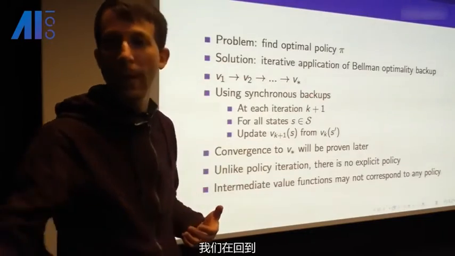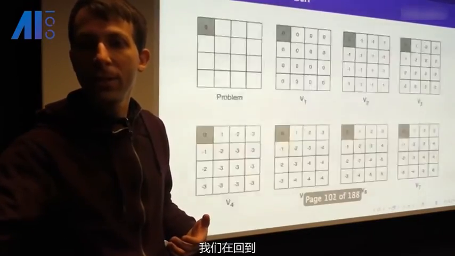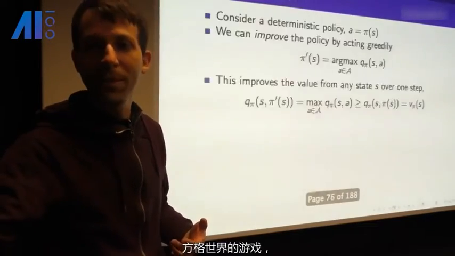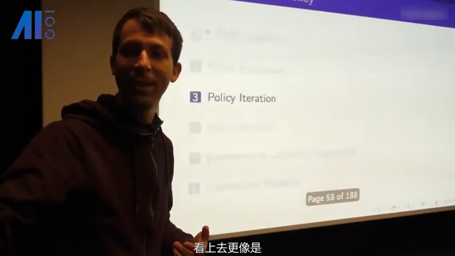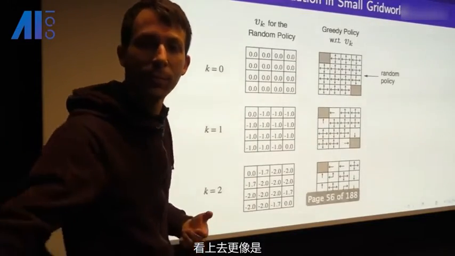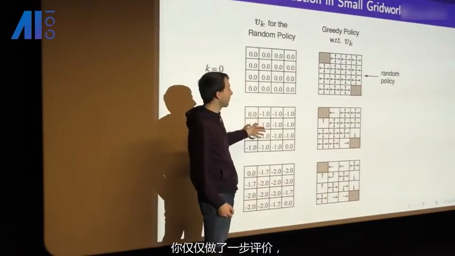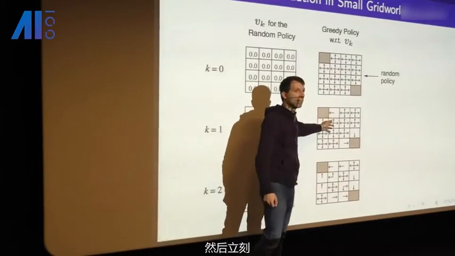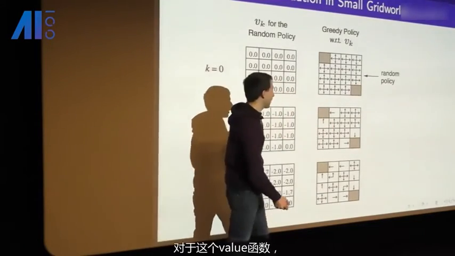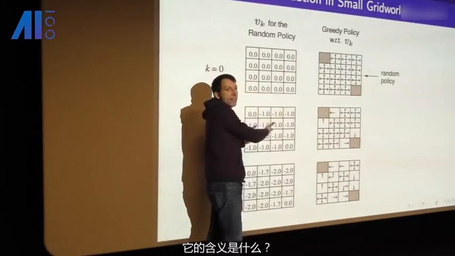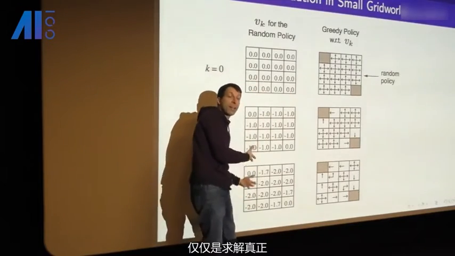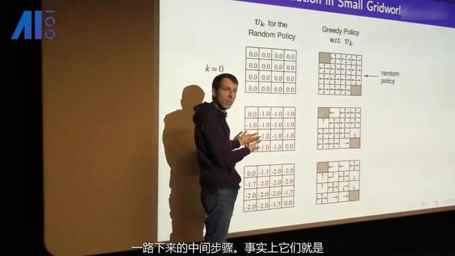If we just go back to the small grid world again, sorry, I keep going backwards and forwards through these slides, but if we go back to this algorithm, it's more like you just do one step of evaluation and then immediately act greedily with respect to it. What's the semantics of this value function? Well, it was just an intermediate step along the way of figuring out what the real value function was.